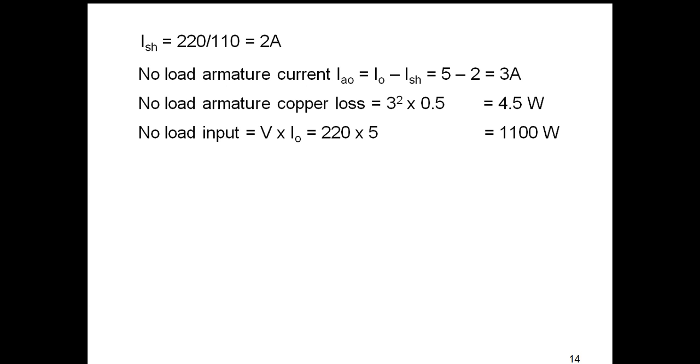And now we are going to find the no load input, which is equal to V into I naught.